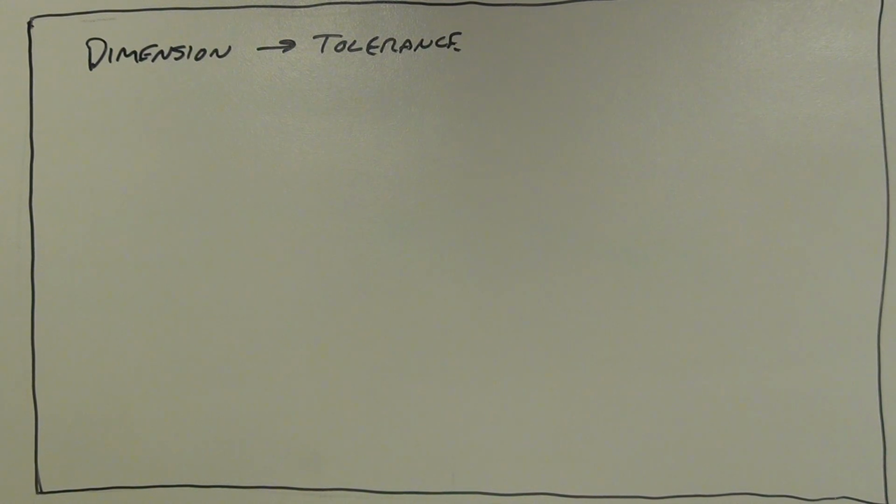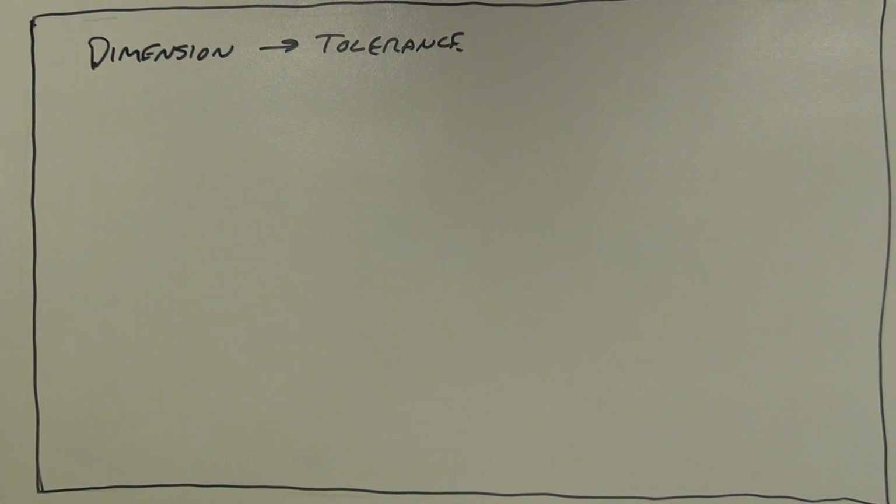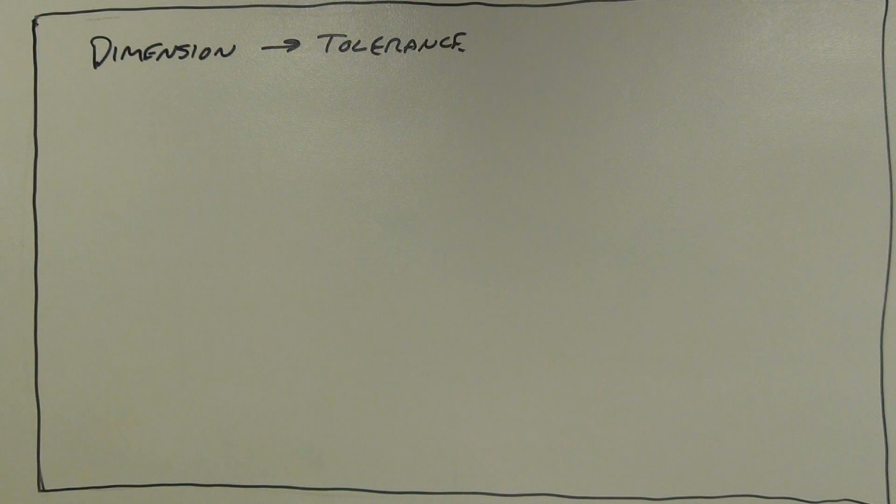A dimension is the number that does one of two things to a feature. It locates a feature or it defines the size of a feature. Now, what is a feature? In blueprint reading, I always start out with a six-sided box and say, how many features does this have?